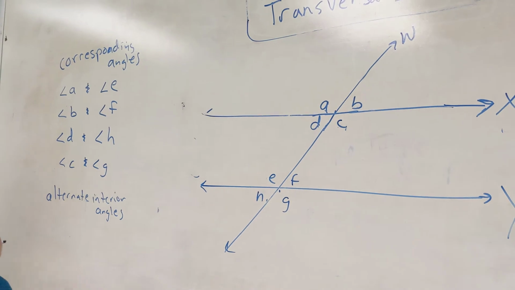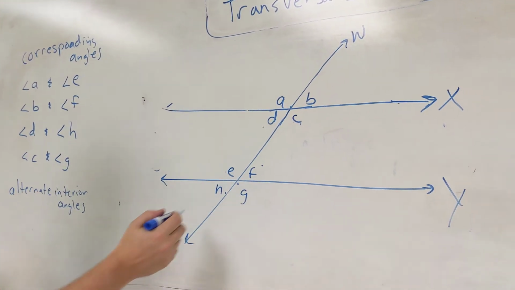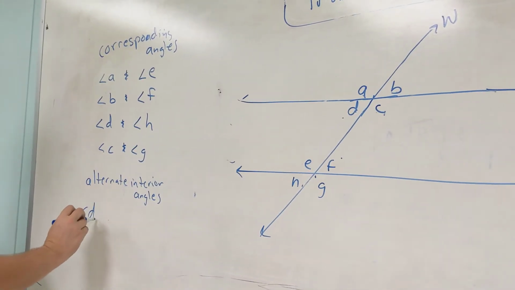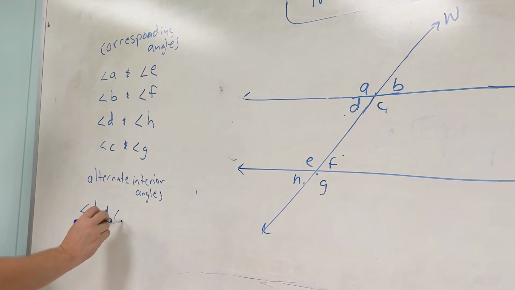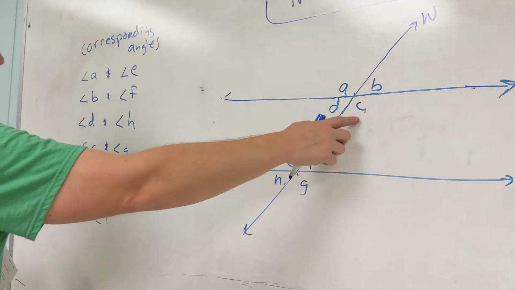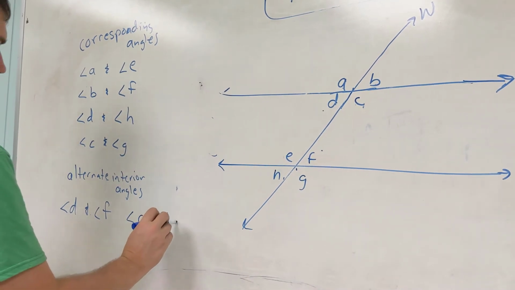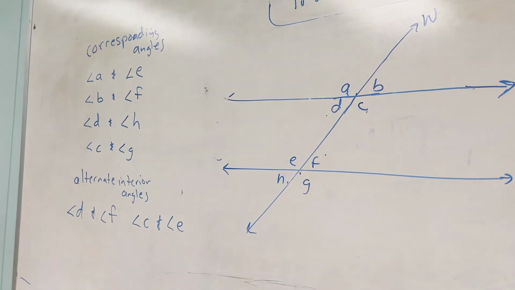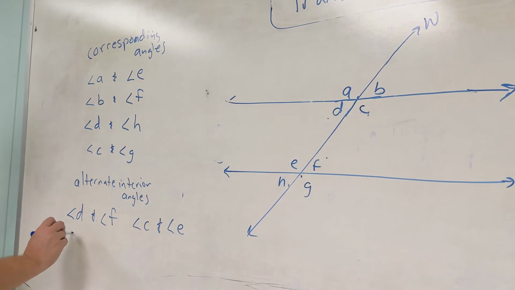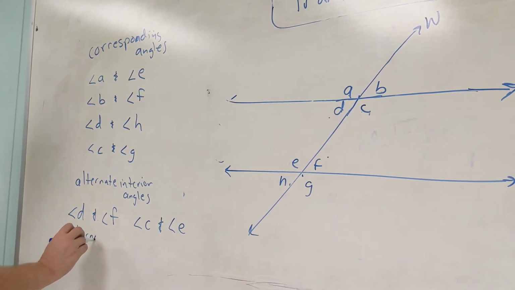Sorry. We've got angle D and angle F. And we've got angle C and angle E. Okay? And then our last one is the alternate exterior.